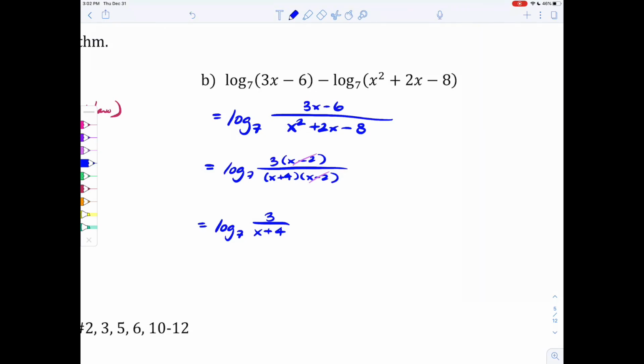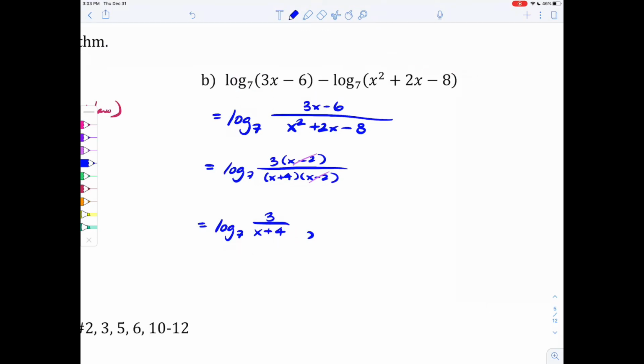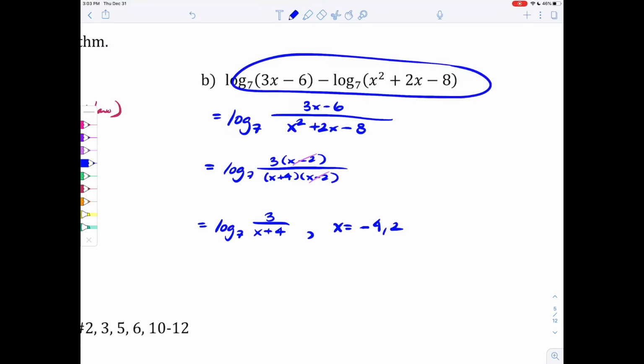Now, a little technical point, we would have to state a restriction in this case, and that's because we've introduced a denominator when the original expression did not have that. So, as a result of having things in a denominator, we're going to have to say that x can't be -4 or +2. By this original expression, it looks like those are perfectly fine.